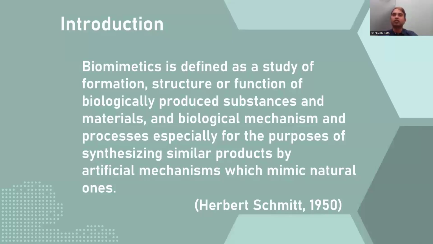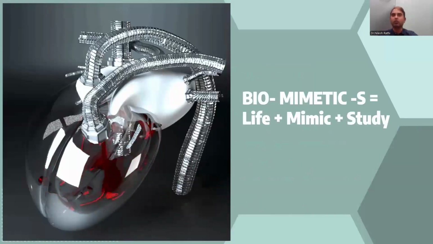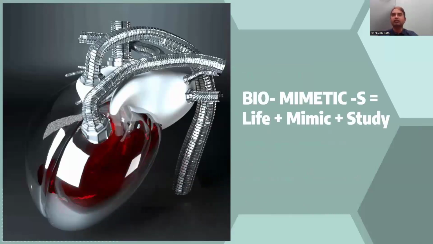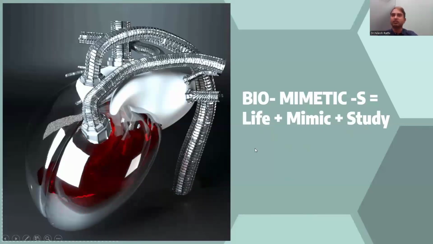To simplify this term, I'll put forth an example of a pneumatic heart. This is an artificial pneumatic heart which functions like a natural heart. So what exactly is it? It is biomimetics. If we speak the word biomimetics, it is the study of living tissue and a technology by which we can mimic this living tissue.